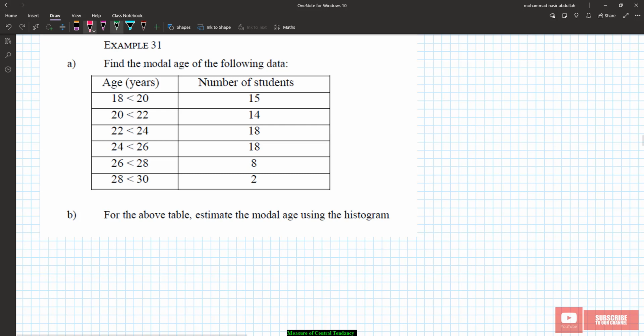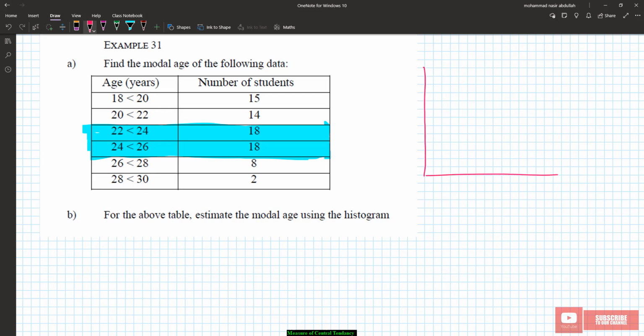Based on this, we can see we have two highest frequencies, but they sit side by side. Now draw a histogram to confirm whether we have two modes or only one mode.